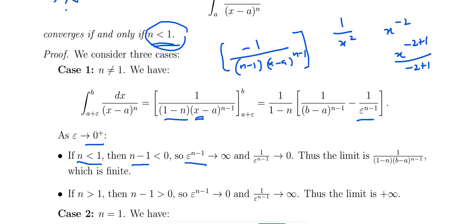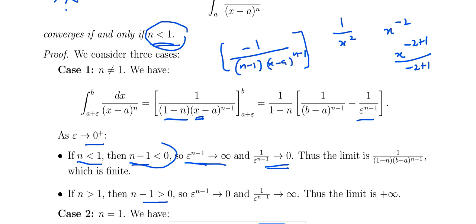Okay, if n minus 1 is greater than 0, that is the positive power x power n. Epsilon power n minus 1 approaches infinity, then 1 by epsilon power n minus 1 approaches 0.